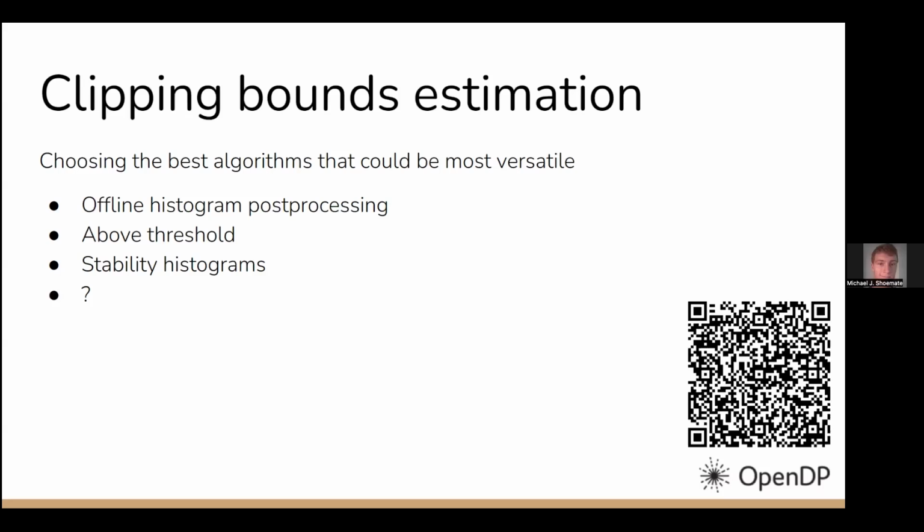There's a method from Anonym where you use the above threshold mechanism to repeatedly query for clipping bounds using stability histograms, in a similar way as the first, looking for bins that exist in the stability histogram. Anyone familiar with other methods that would be good to use here or recommendations?